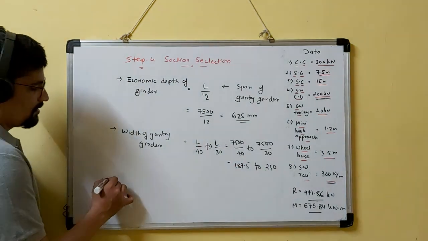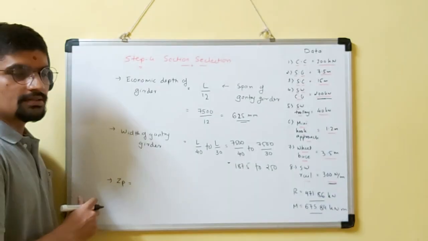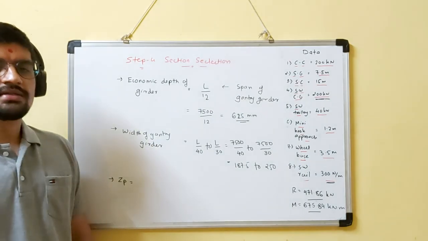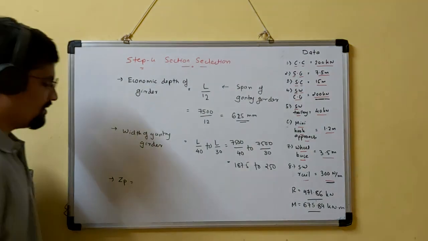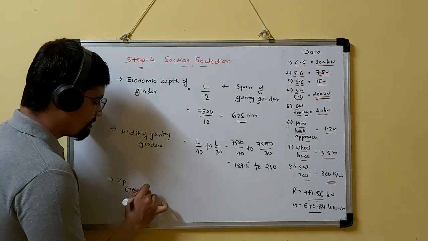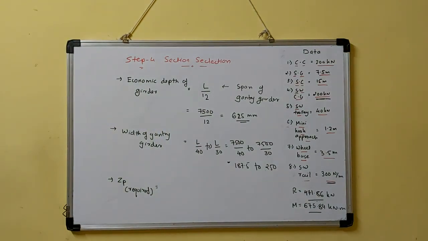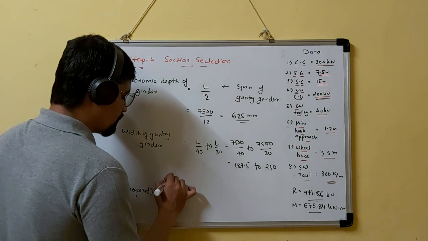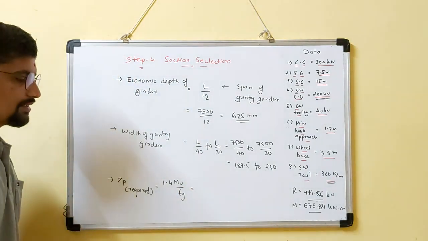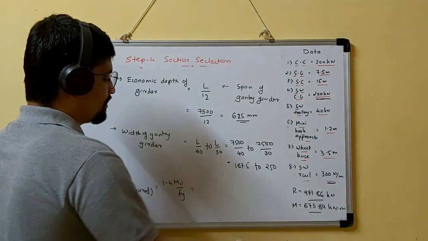Now the last one, Zp. This is the value on the basis of which it is confirmed whether the provided section is okay or not. This is known as Zp required. The equation is 1.4 Mu divided by Fy. The Fy value is 250, fixed, in Newton per mm square, so we need to convert Mu into Newton into mm.